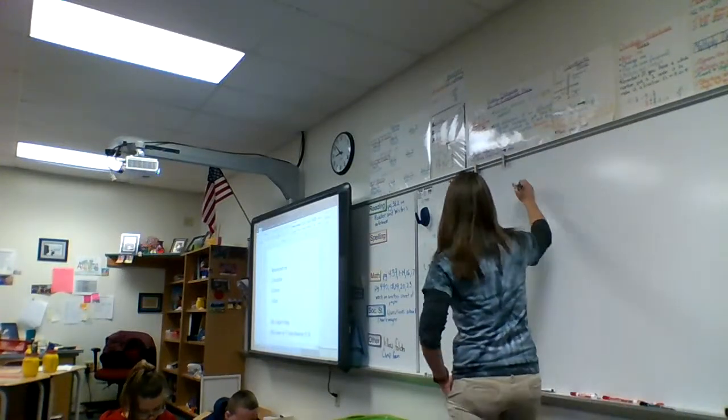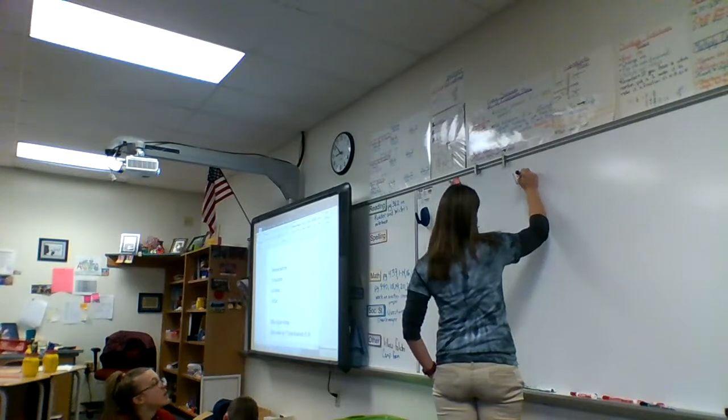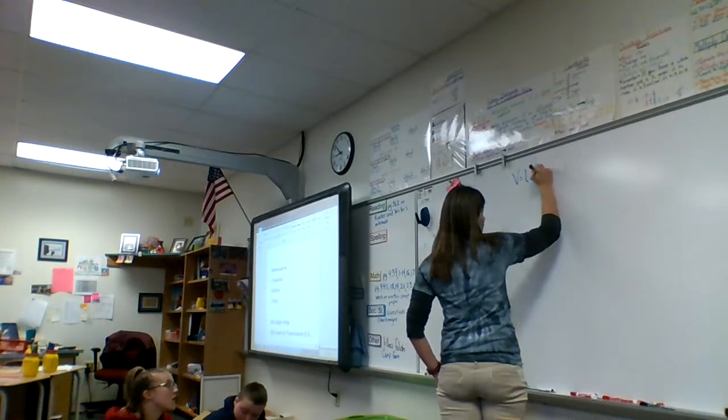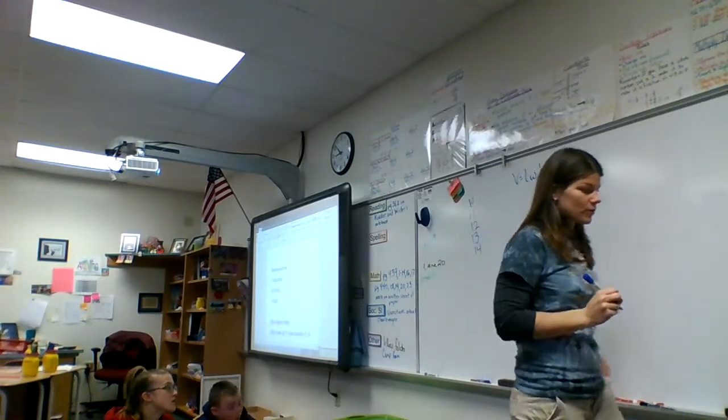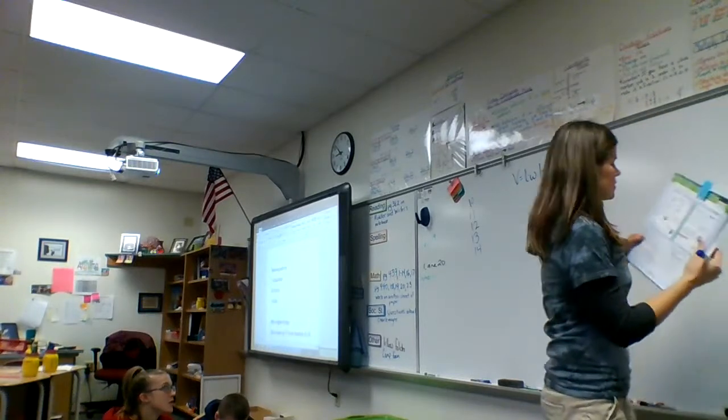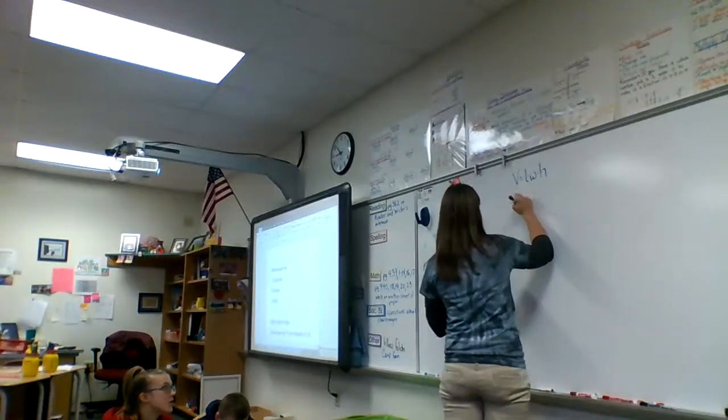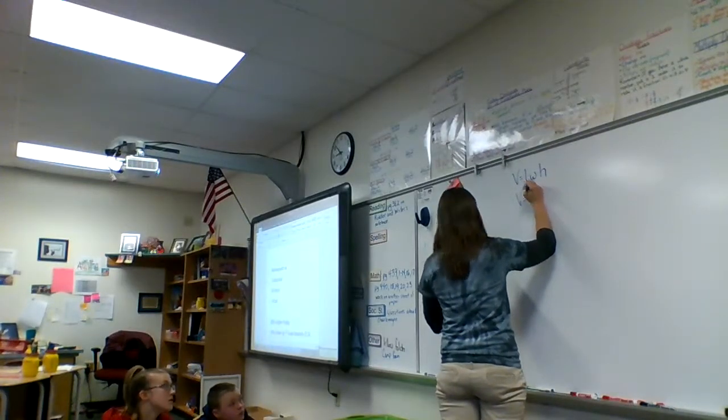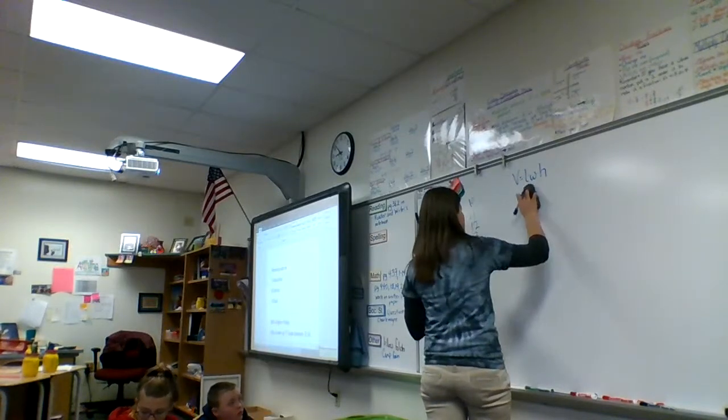Now, I'm going to start with my equation on each one, just so I remember what I've done. Okay? So on number 10, my volume equals 1.2, 1 2/10.